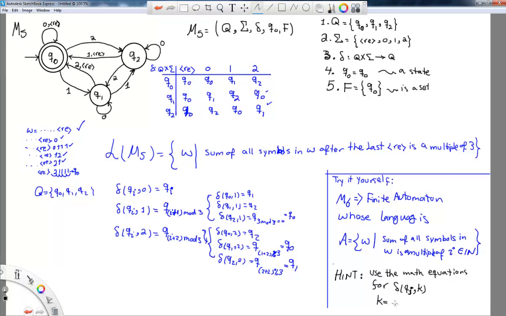K is going to be from the set 0, 1, 2, all the way to i minus 1.